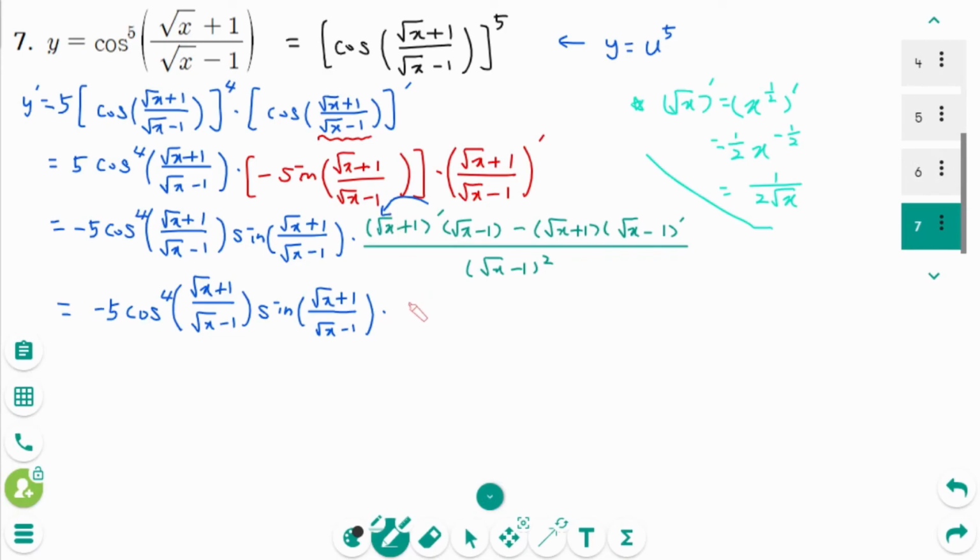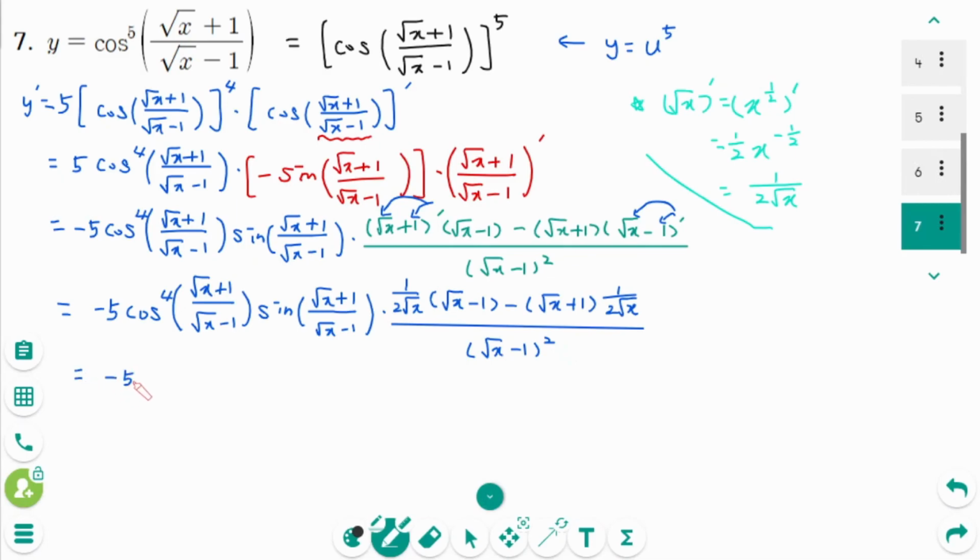Then this prime is 1 over 2 square root of x plus 0, then times square root of x minus 1 minus square root of x plus 1 times 1 over 2 square root of x minus 0, then over square root of x minus 1 squared equals minus 5 cosine to the power of 4 square root of x plus 1 over square root of x minus 1 sine of square root of x plus 1 over square root of x minus 1 times 2 square root of x over 2 square root of x.